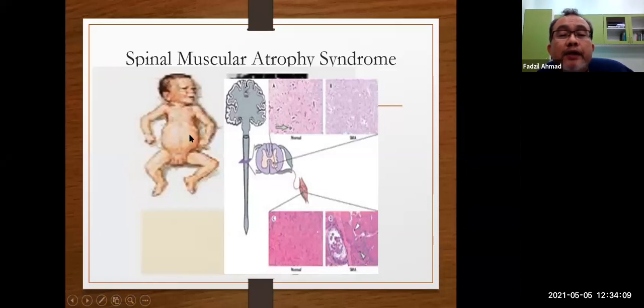The other type is muscular. There are many types. One is SMA. You know SMA, the child is floppy, flat. There is spinal muscular atrophy.